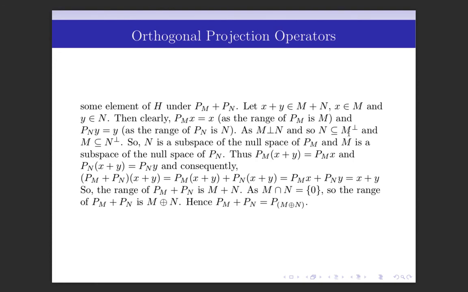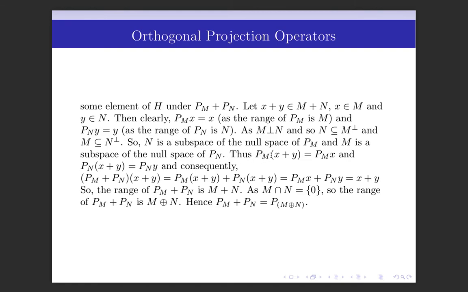Since M is the range space of Pm, the orthogonal complement of M is the null space of Pm. And similarly, since N is the range space of Pn, the orthogonal complement of N is the null space of Pn.